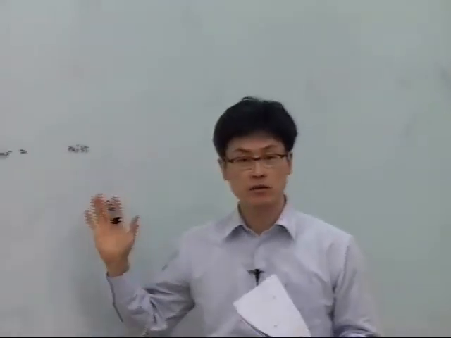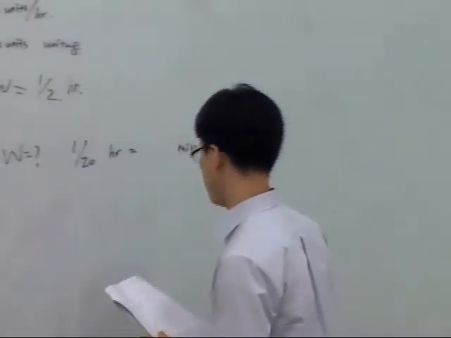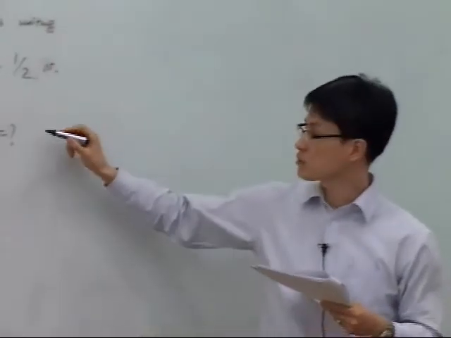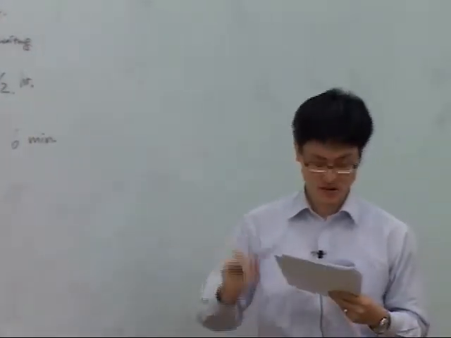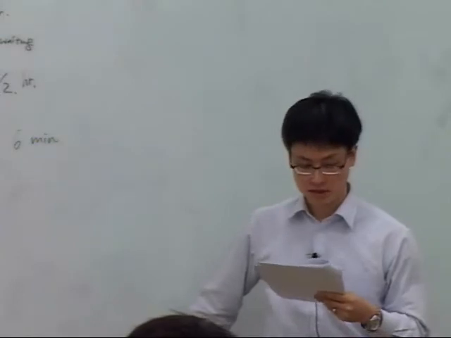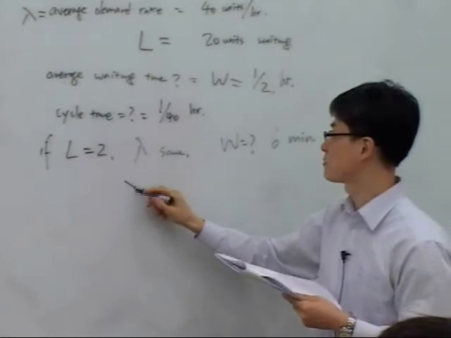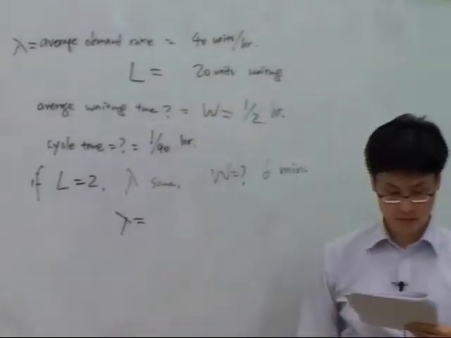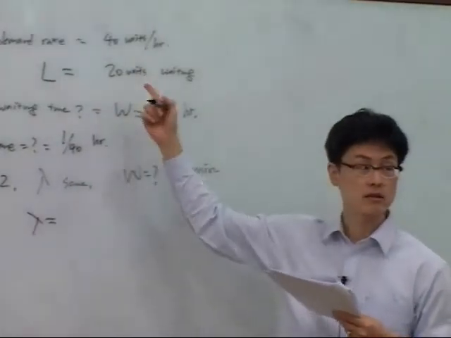Okay. So should we get familiar with all of this? I think, in my calculation, this W should be 6 minutes. But your answers are a little bit different from mine. Okay. L is 2. Lambda is the same. How many units per minute in that sense?